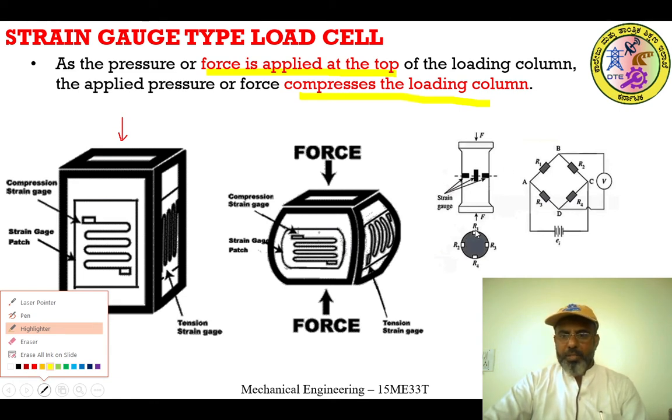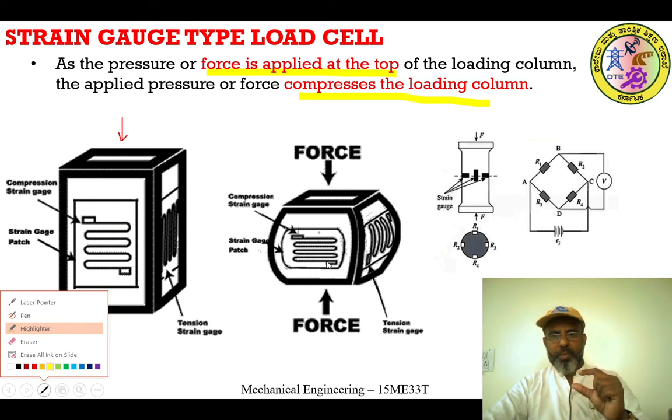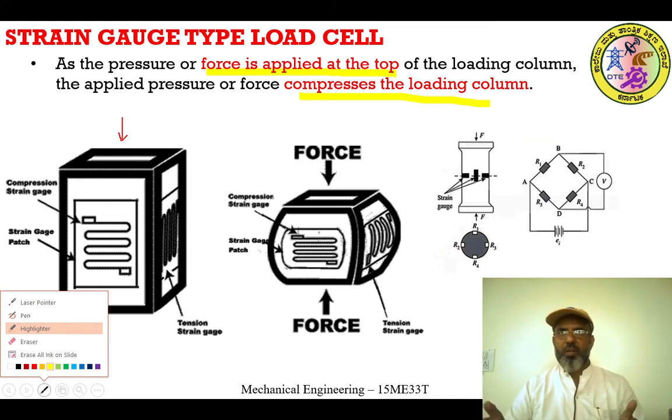The strain gauges R1 and R4, which are in the direction of force, get shortened, whereas the strain gauges R2 and R3, which are in this direction, get stretched or elongated. Because of the shortening of R1 and R4, the resistance decreases.